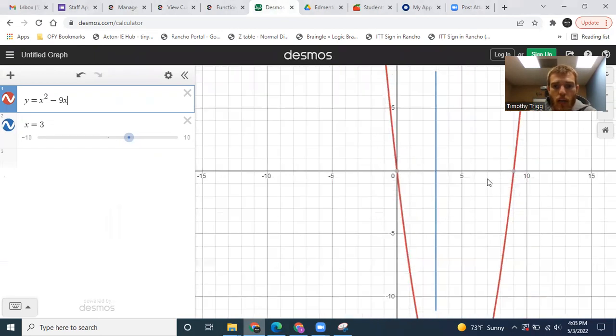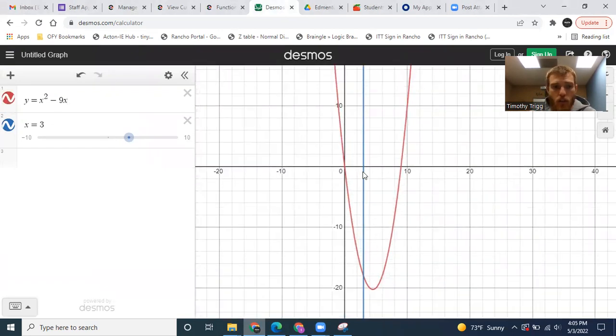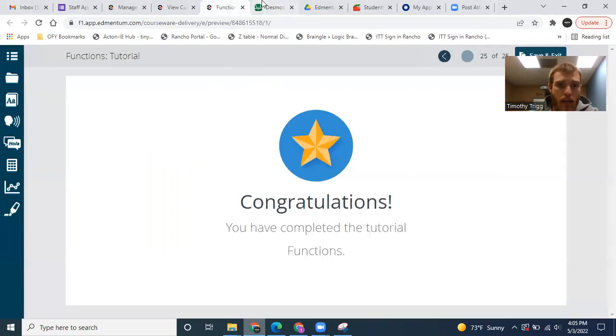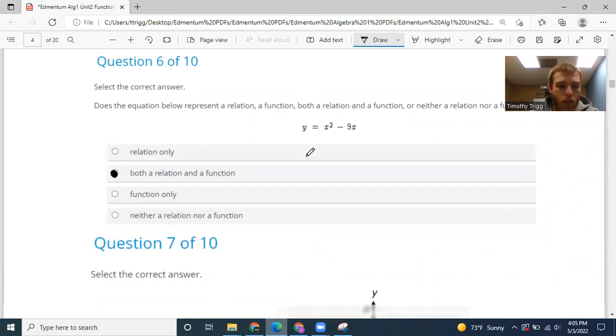You could zoom out, but you should be able to see that the red graph here is a function. Generally, parabolas that go up or down are functions, but if they're going sideways, that one's not a function. So yes, this one is a function. So it's both a relation and a function.